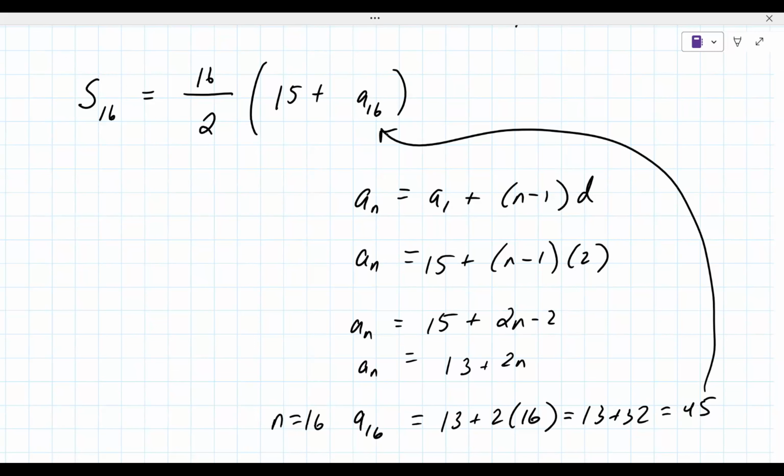But then your formula here, you've got the 45, so it's 15 plus the 45, and then you multiply by the 8.